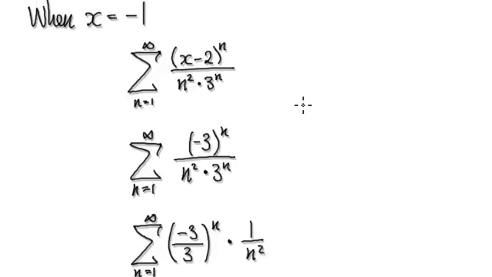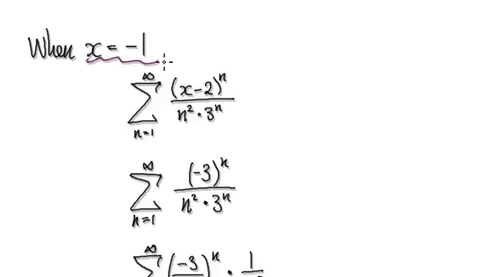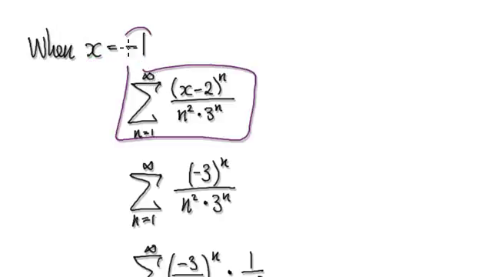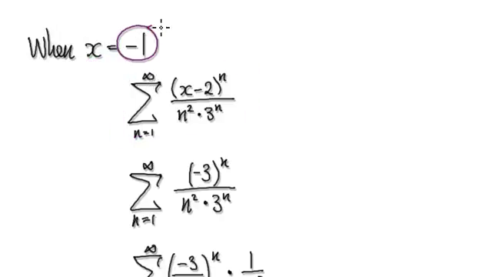So when x equals -1, this was our power series. So we would put this -1 into the x. So -1 minus 2, that will be -3, and then basically put this into here.